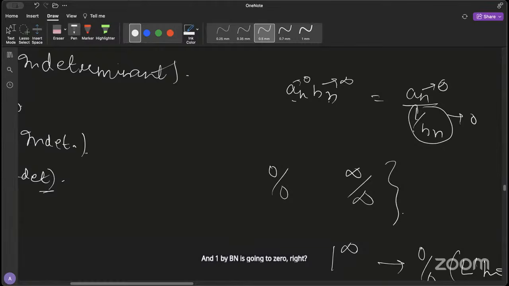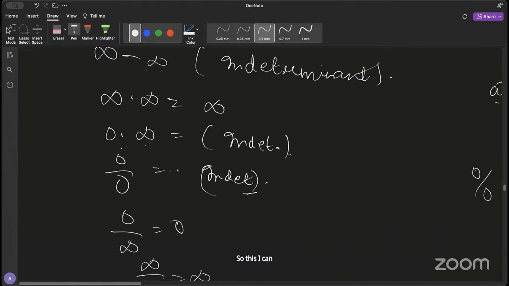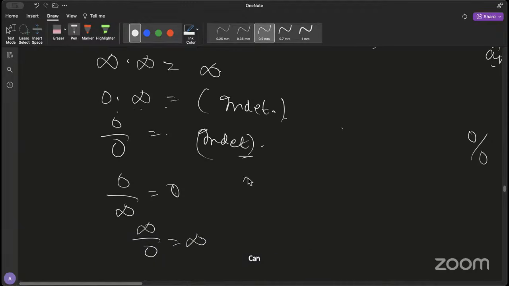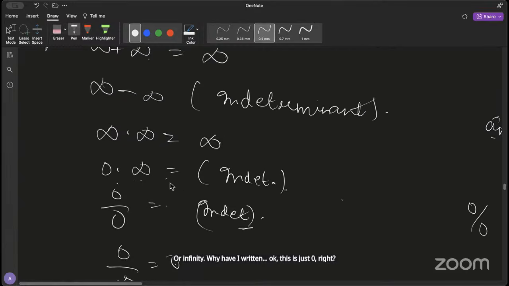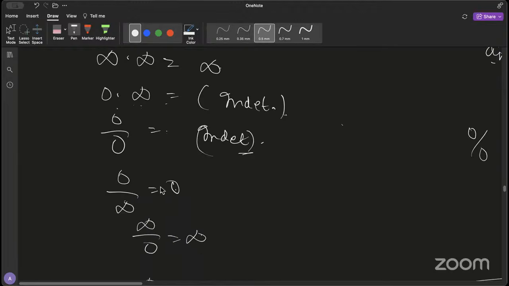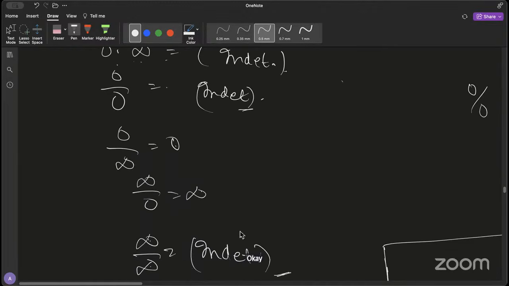So this form can be written as 0 by 0 form, and then you can use L'Hopital's rule. Similarly, this form can be written as 0 by 0 or infinity by infinity form.